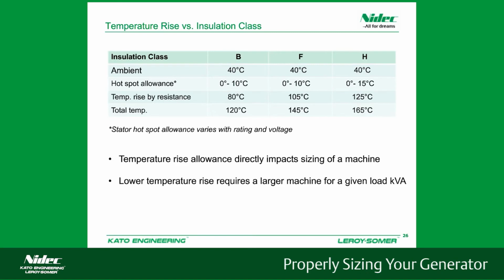The temperature rise for each is 80 degrees, 105 degrees, and 125 degrees. So the total overall temperature not to be exceeded would be 120 degrees, 145 degrees, and 165 degrees. So the temperature rise allowance that we have directly impacts the size of the machine.